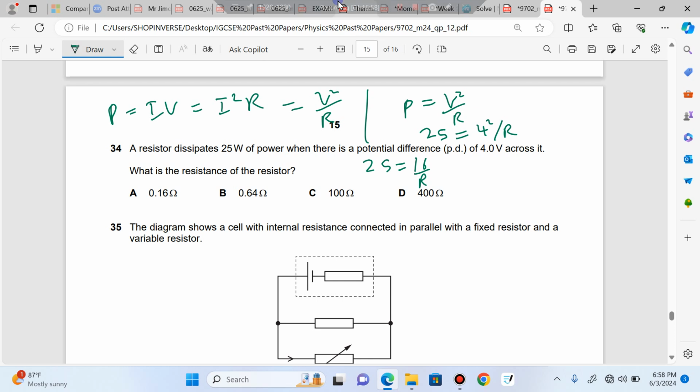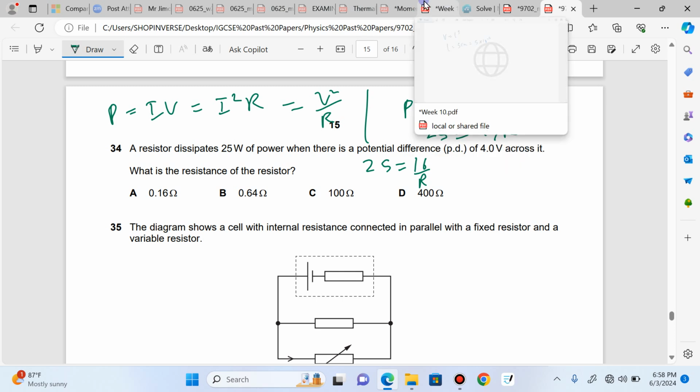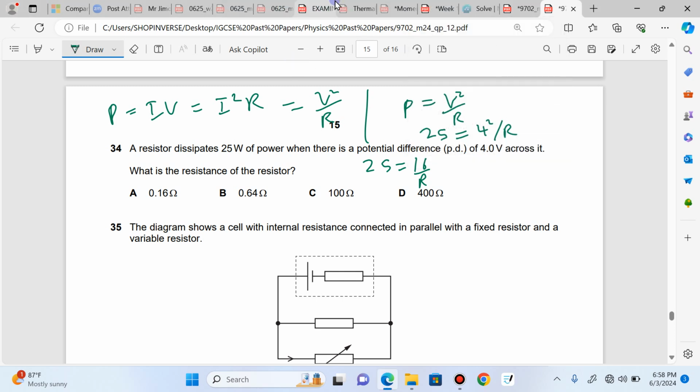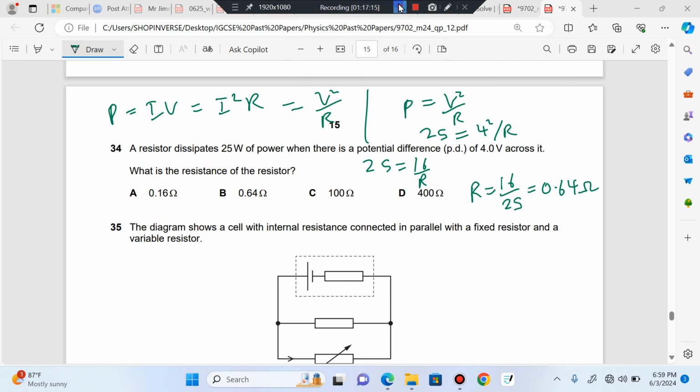Power equals V squared over R. Voltage is 4, 4 squared is 16, resistance is unknown. That means R will be equal to 16 over 25. So I got 0.64 ohms, which is B.